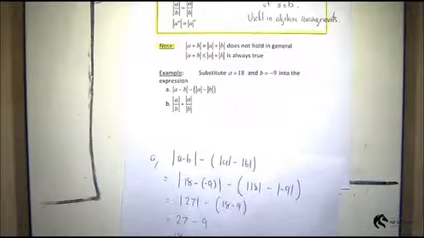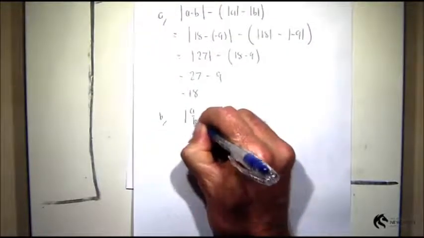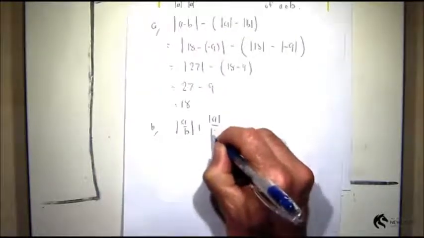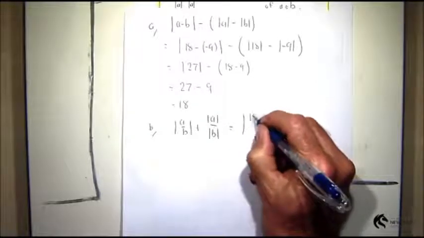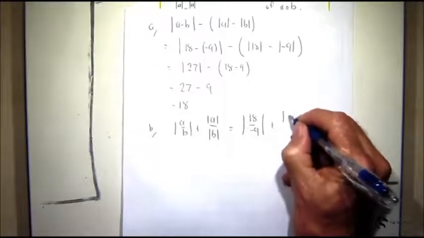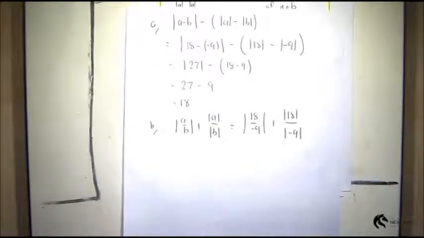And the last part says, the absolute value of A divided by B, plus the absolute value of A on the absolute value of B. So here, the absolute value of 18 divided by minus 9, plus the absolute value of 18 on the absolute value of minus 9.